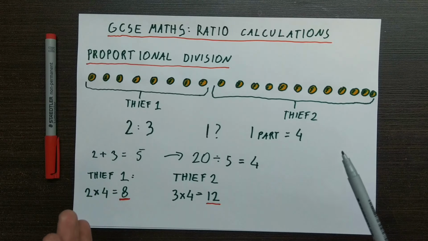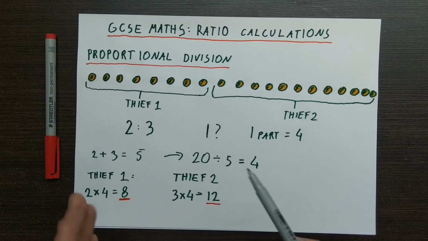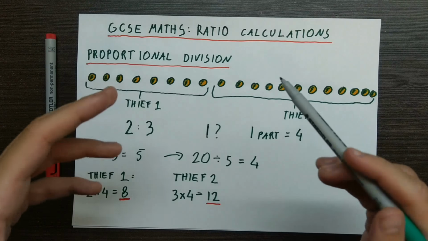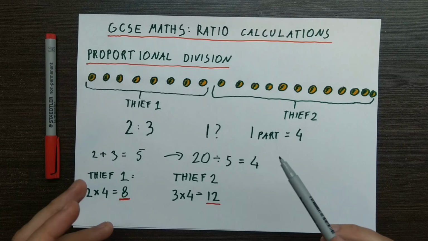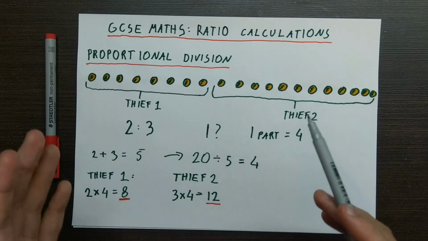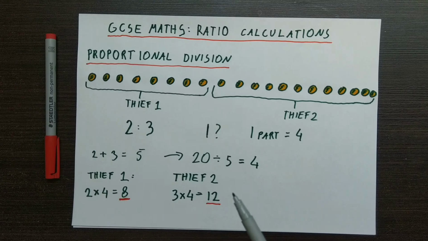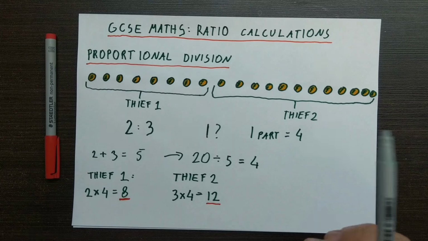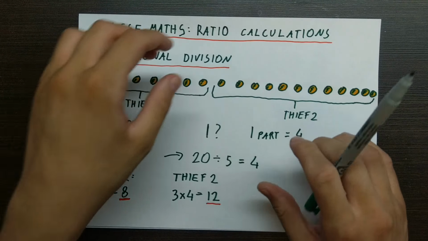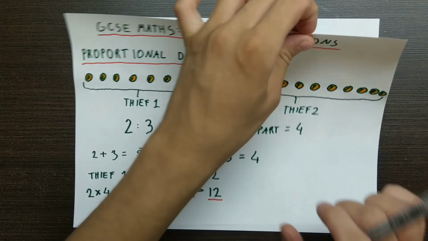So that's the basic algorithm, if you will. That's how you work out proportional division. And that's very good because understanding this, we can move on to the next things that we need to know.